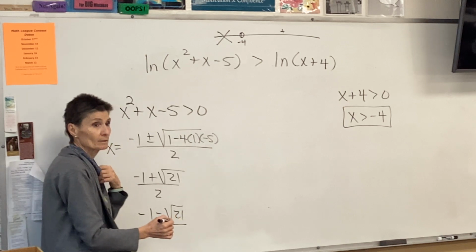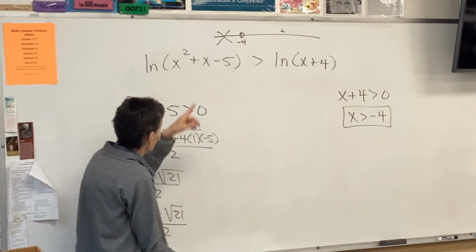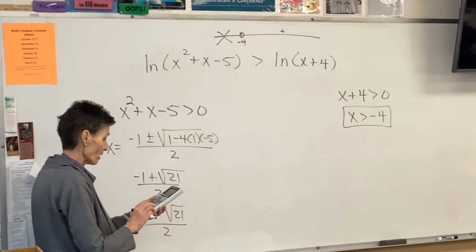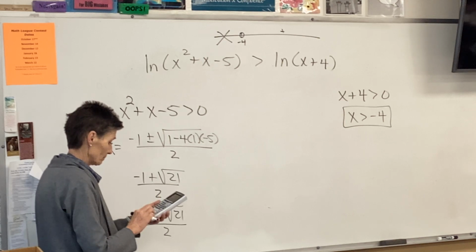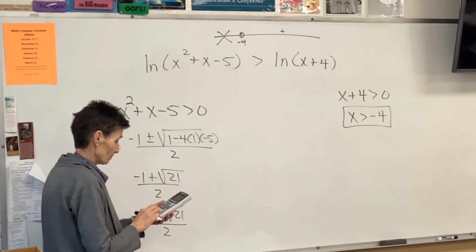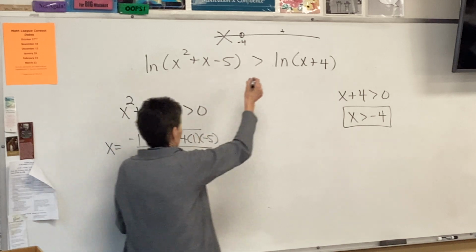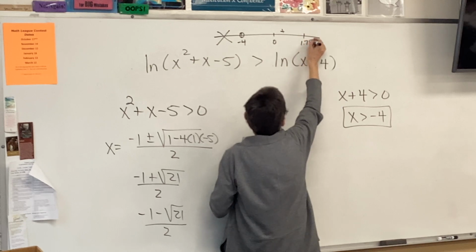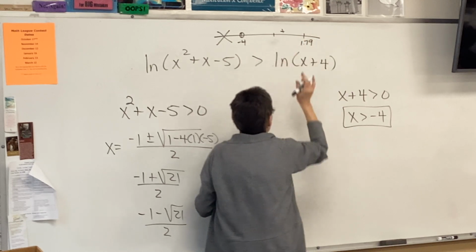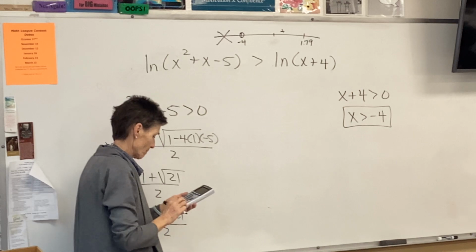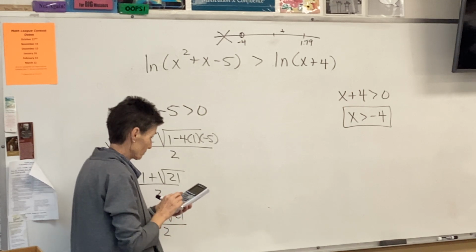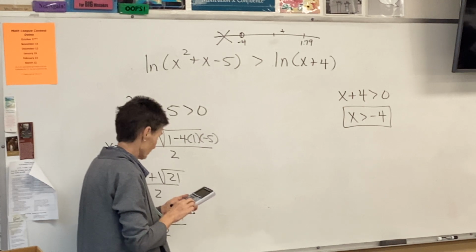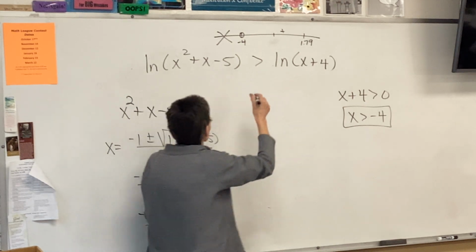Would you agree with me? Okay, I need to put those on my number line up there. I'm going to figure out what they are decimally. About 1.79, and the other one is negative 2.7.